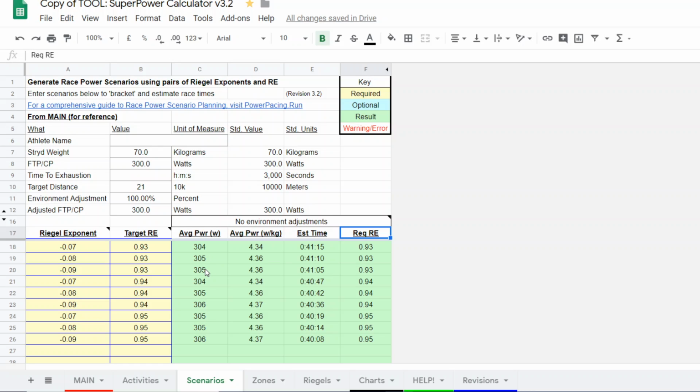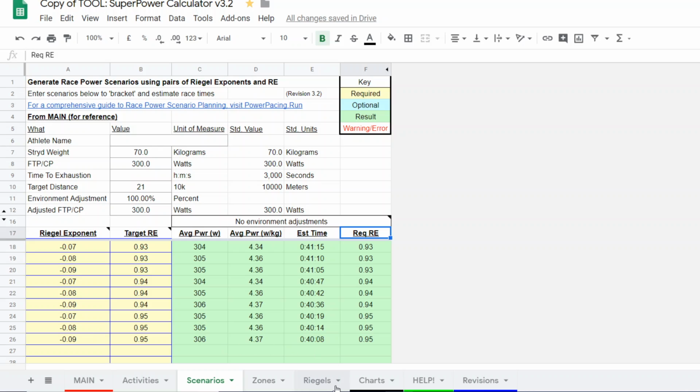You're going to find that as the duration increases, then the spread of the power, the average power prediction, is going to increase, and we'll demonstrate that. But you can see not that big of a spread. So the take home here is that you should bracket at least a couple of Riegel exponents.